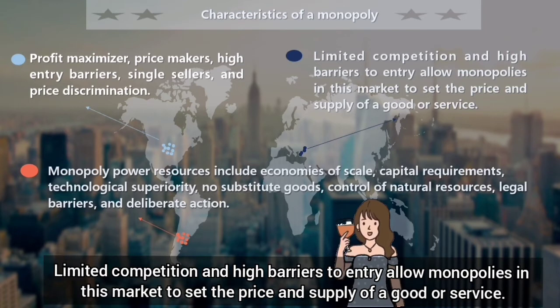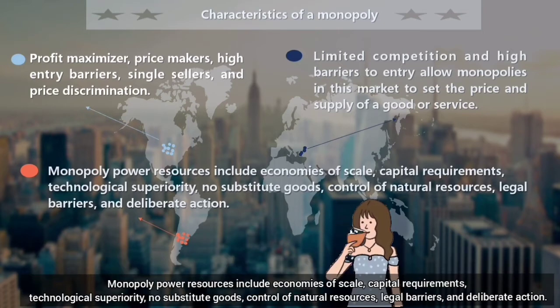Limited competition and high barriers to entry allow monopolies in this market to set the price and supply of a good or service. Monopoly power resources include economies of scale, capital requirements, technological superiority, no substitute goods, control of natural resources, legal barriers, and deliberate action.